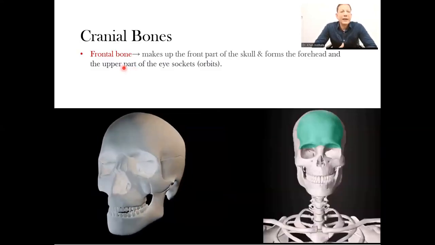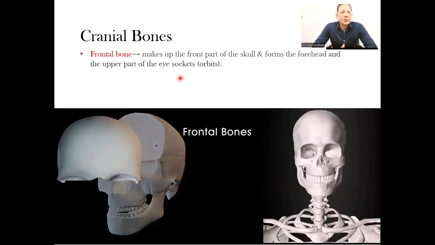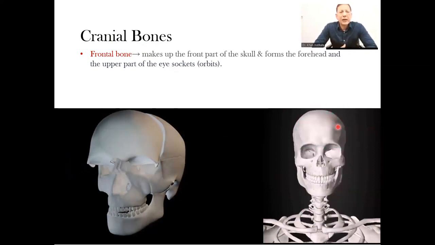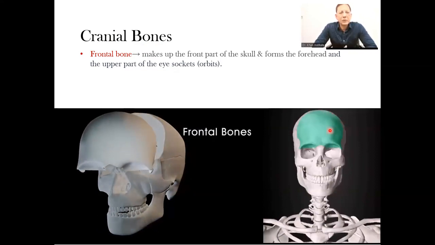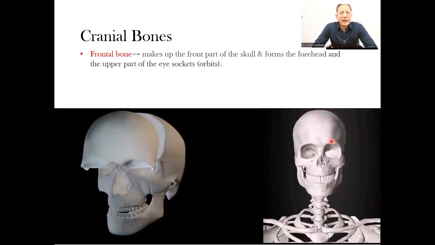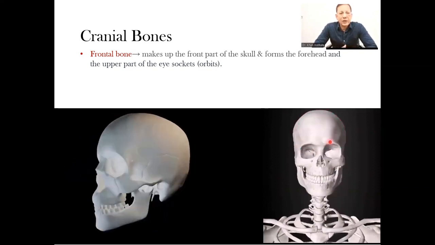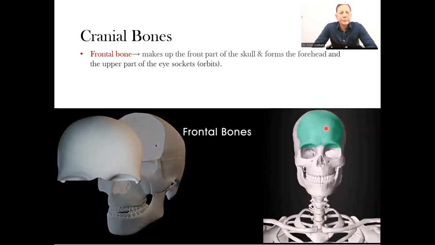First is the frontal bone, which is a cranial bone. The frontal bone is a singular bone, meaning it is one unpaired bone. It is located at the front of the human skull. It forms the forehead, and it also forms the upper part of the orbits, also called eye sockets, and the anterior part of the cranial vault.